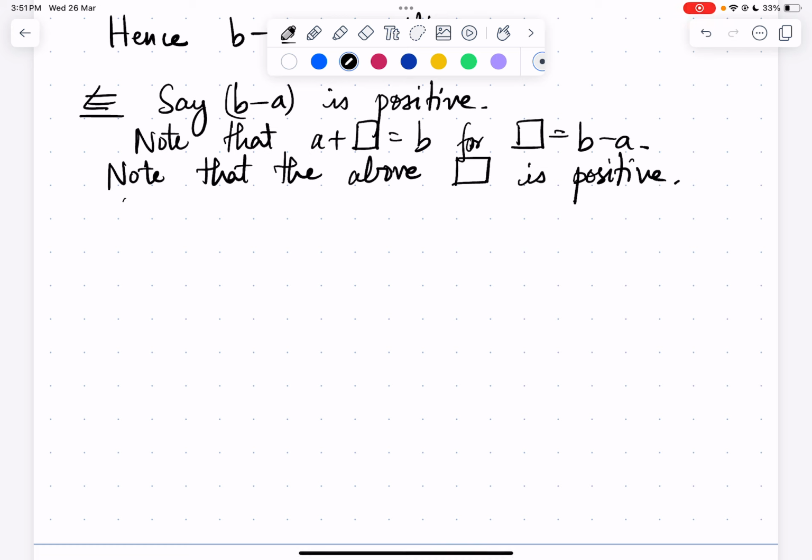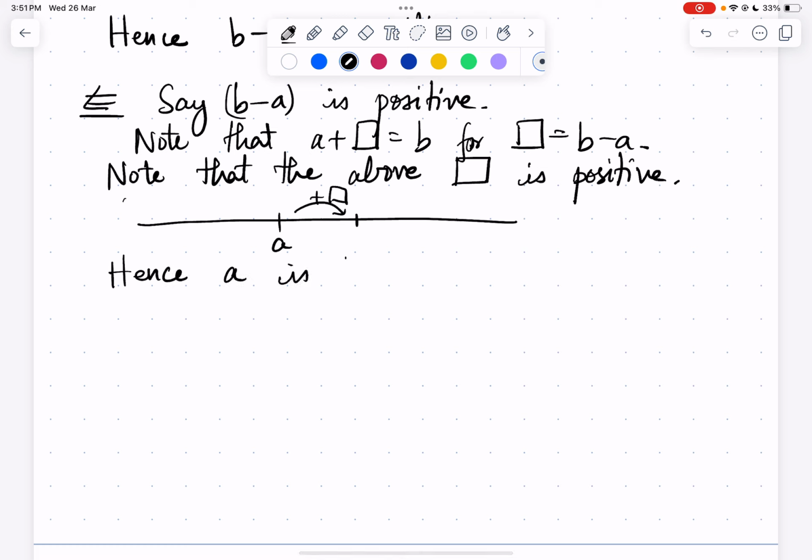Hence, so if you add plus box to A, you get to B, and the above box is positive. Hence, A is to the left of B. So we started with B minus A is positive. Hence in the relation A plus box equals B, the box is positive. Hence A is to the left of B.